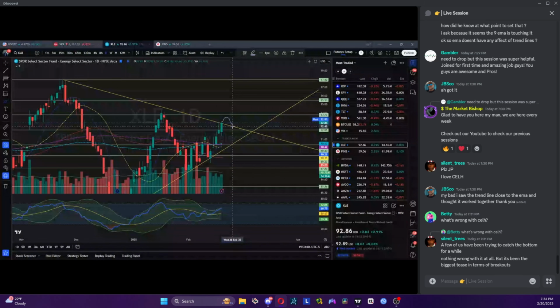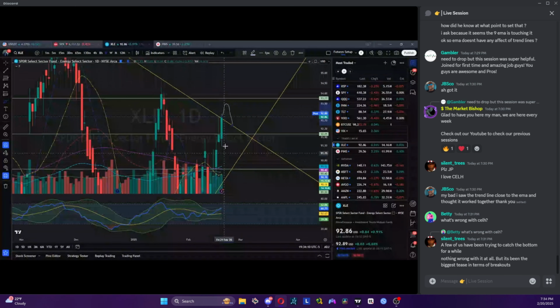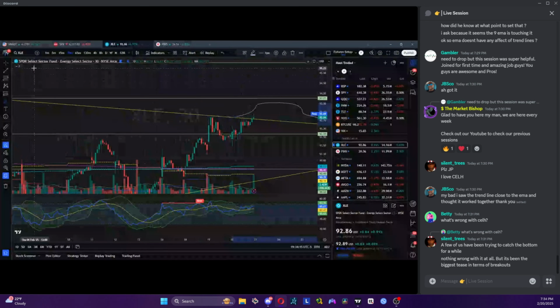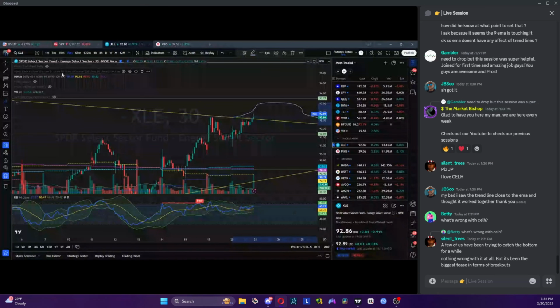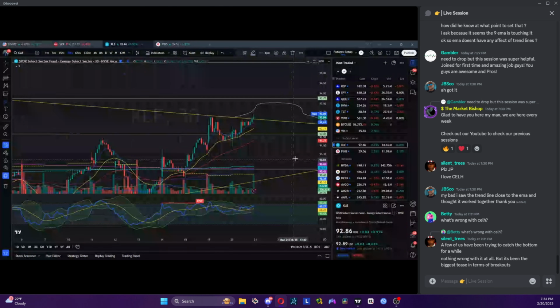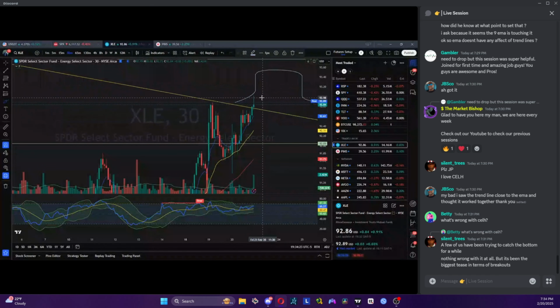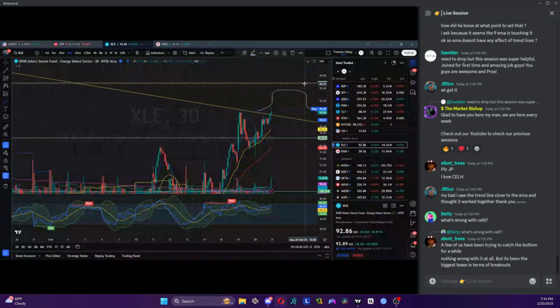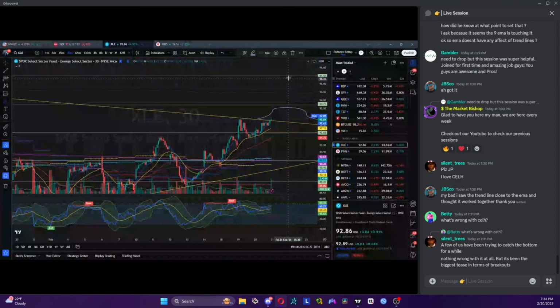As long as it holds this trend line and I still have a continuation on the bigger SMAs, and when I look at the 30-minute, if I pop up my EMAs, as long as it holds this 10, I'm going to keep believing that we're going to go up to this 93.77 and then eventually hit this 95.